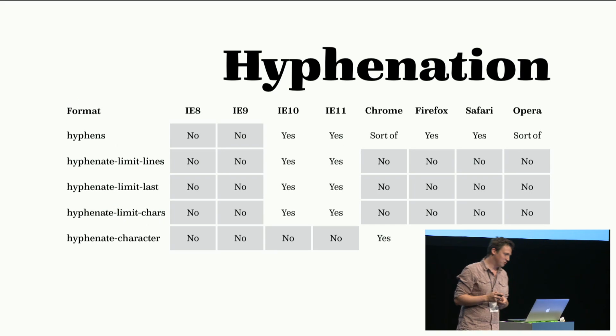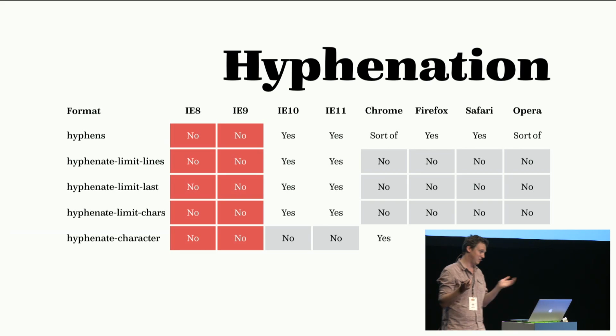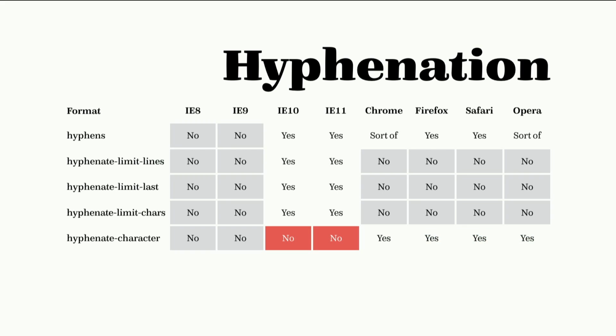Browser support for that is rather interesting. As you can see, IE, IE9, whatever, IE 10 and 11 actually support all of this, except the most useless one, which is not that surprising because this specification and this standard comes from Microsoft. And Microsoft has been doing a really great job at pushing typography.